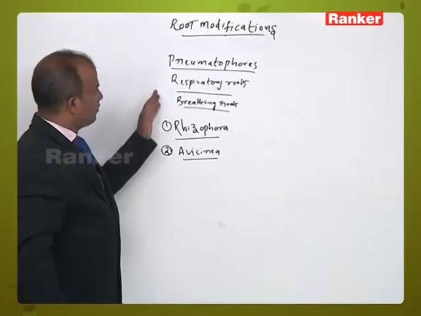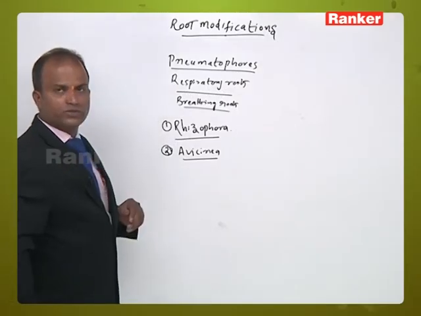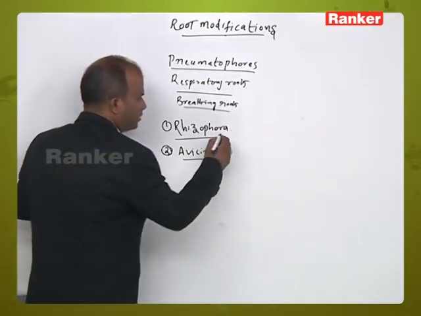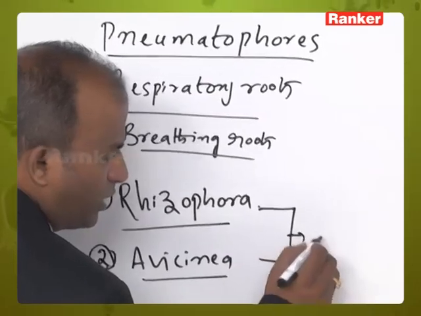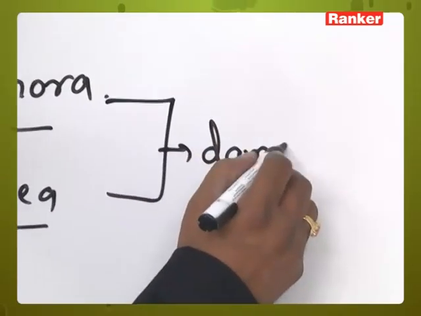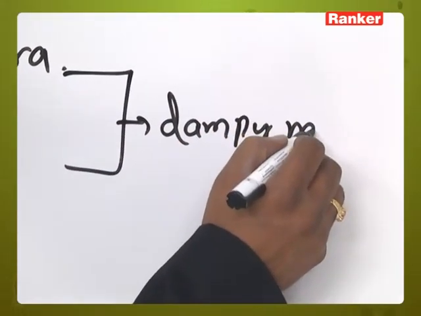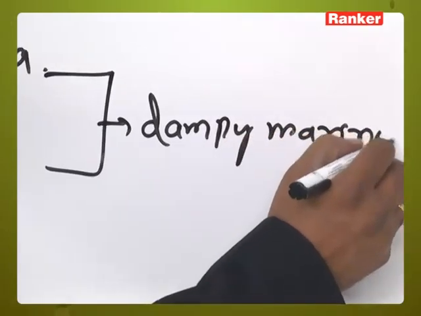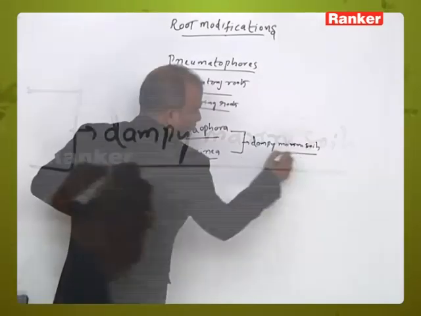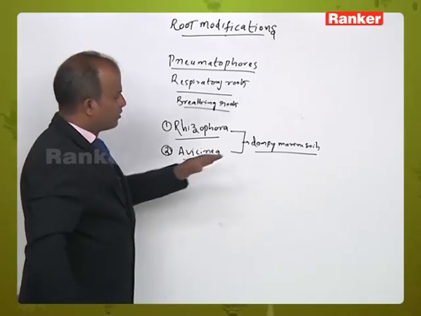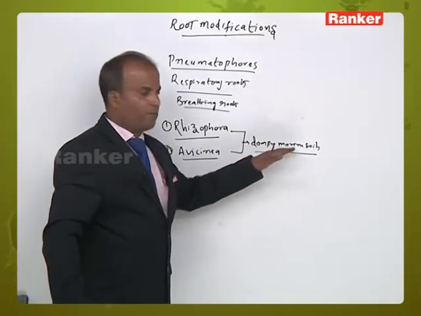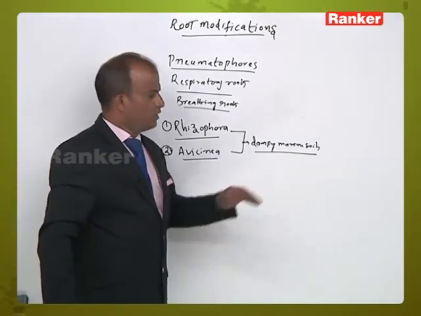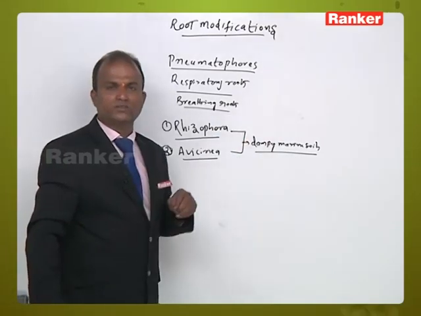Why are these nematophores needed? This Rhizophora and Avicennia are grown in damp marine soils. That means these plants are growing in salt water.